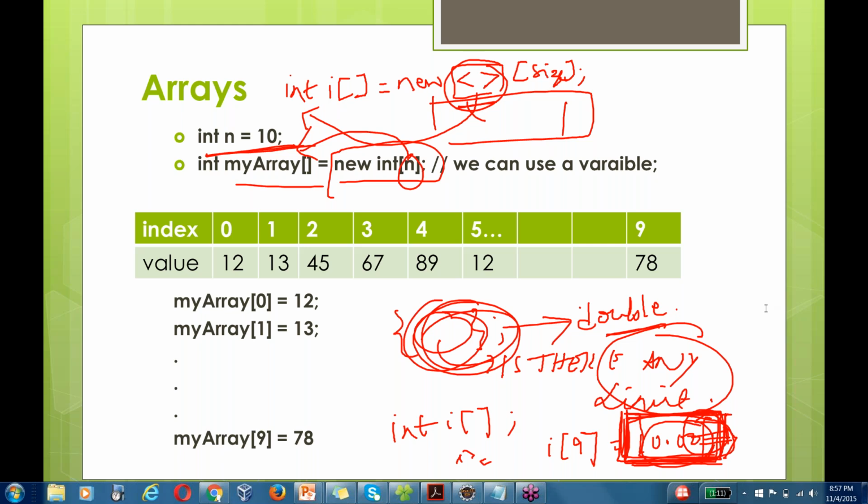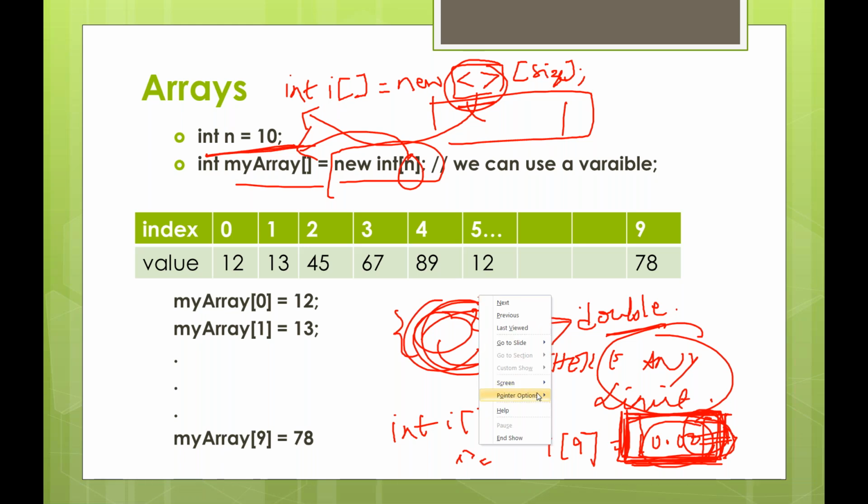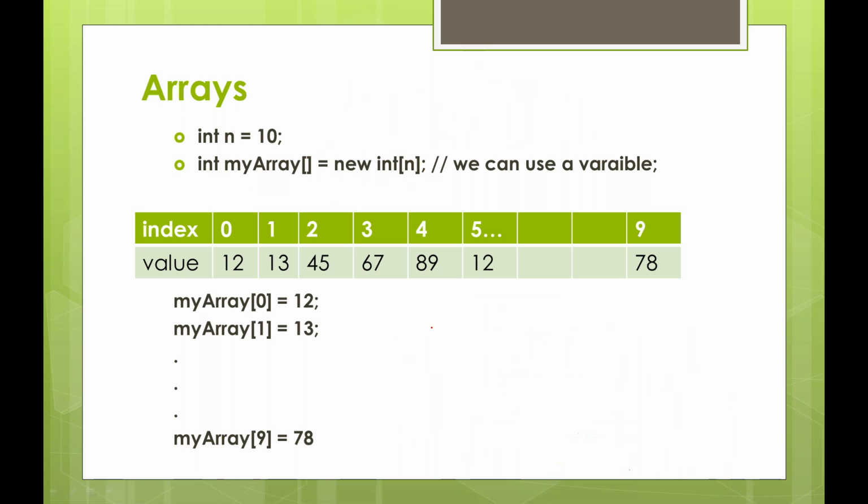What Ron is asking is, assume that I of 4 is 89. I already have I of 4 equal to 89.